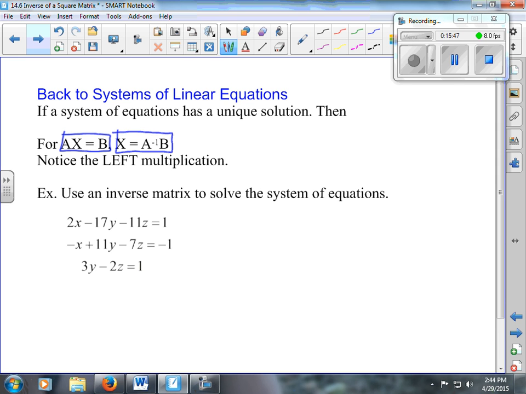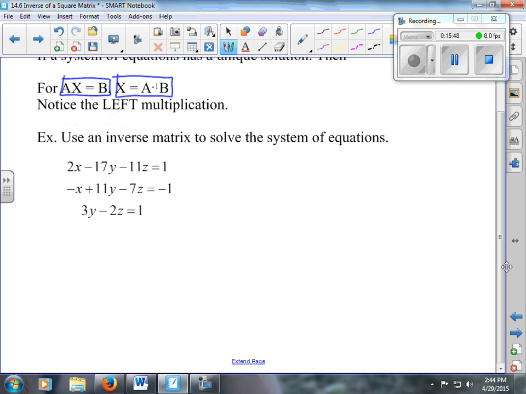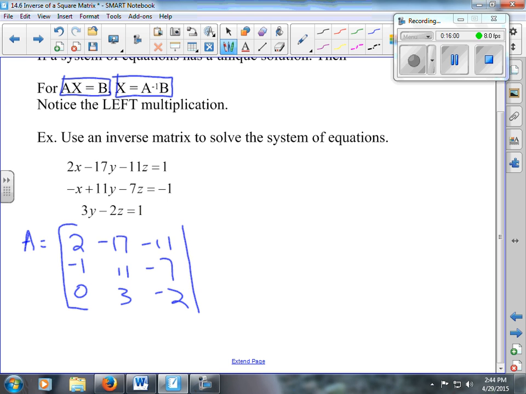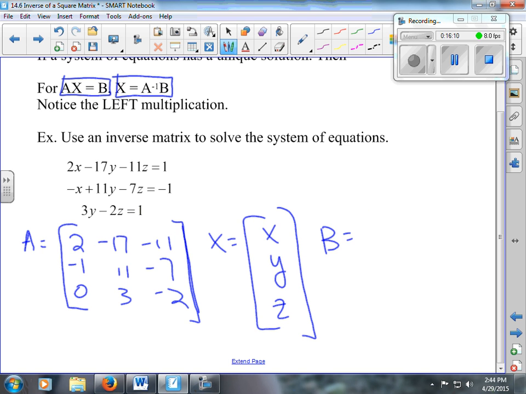And so this system of equations here, okay, if I make A the coefficient matrix, 2, negative 17, negative 11, negative 1, 11, negative 7, 0, 3, negative 2, and then X is the matrix X, Y, Z. And then my B matrix is the answer matrix.